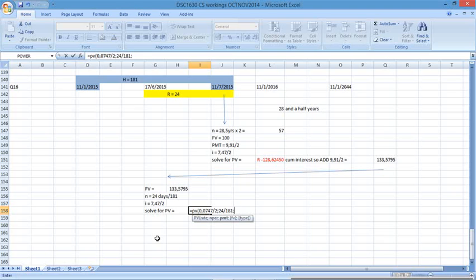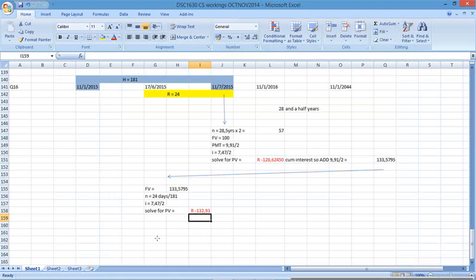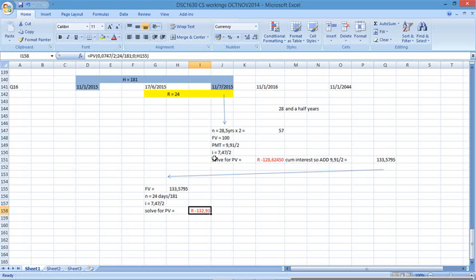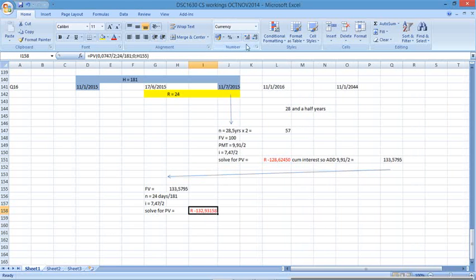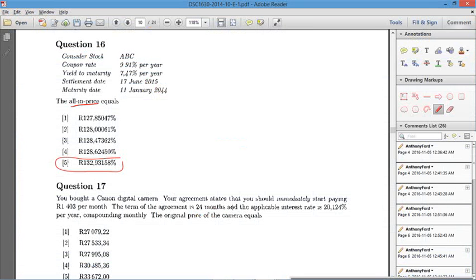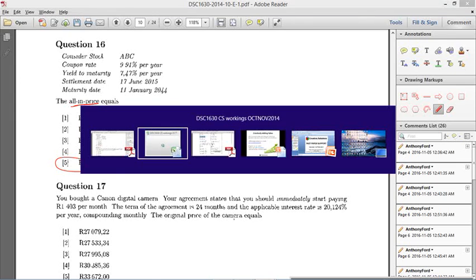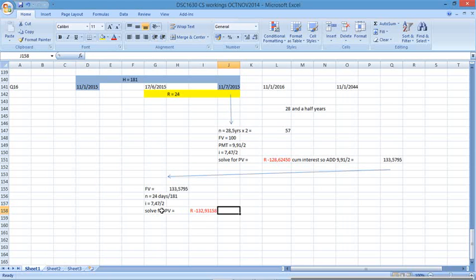The payment here would be 0. The future value was our answer there. And I get 132.93, option number 5. Option number 5 on the dot. Brilliant. So question 16 answer, option number 5.